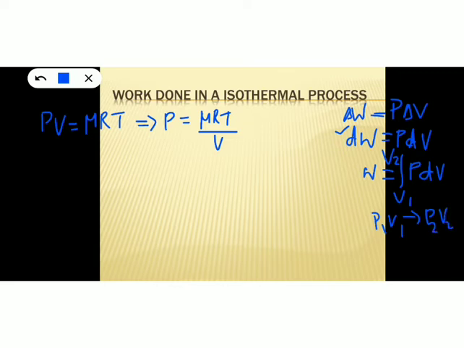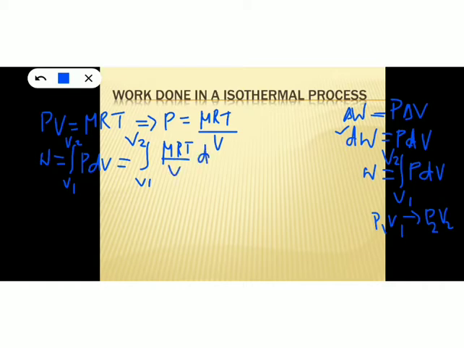Okay, so the total work done W equal to integral of V1 to V2 P dV equal to integral V1 to V2. What is P? Mu RT by V into dV, isn't it?